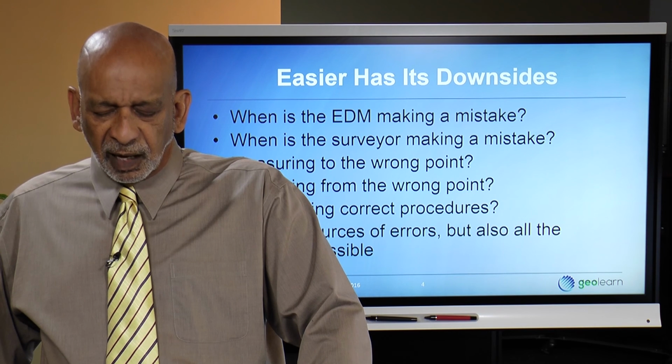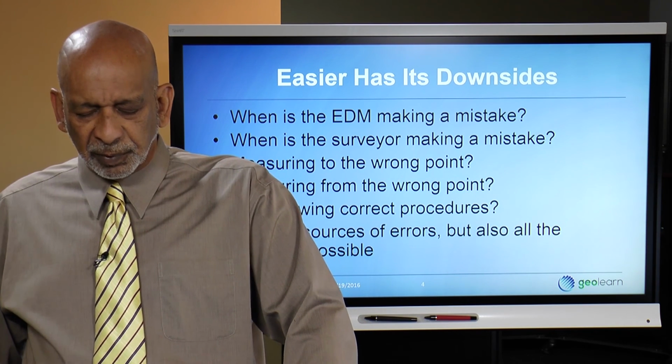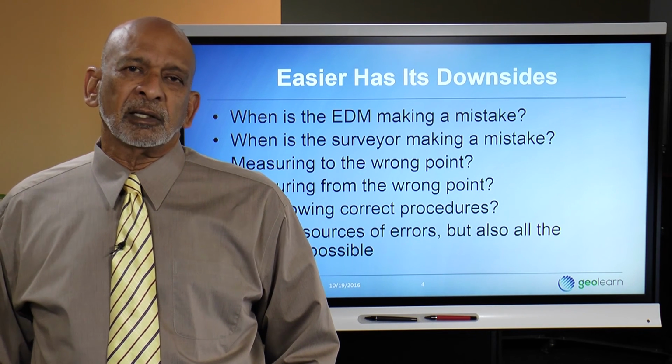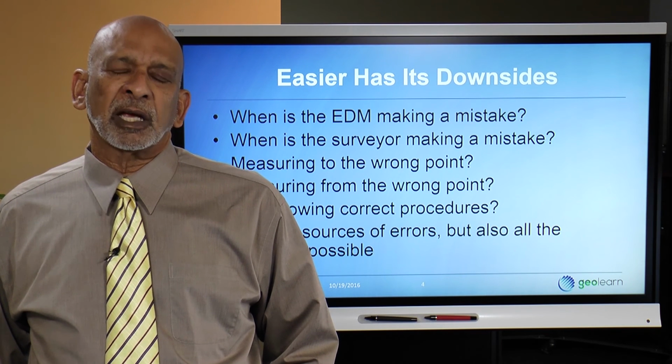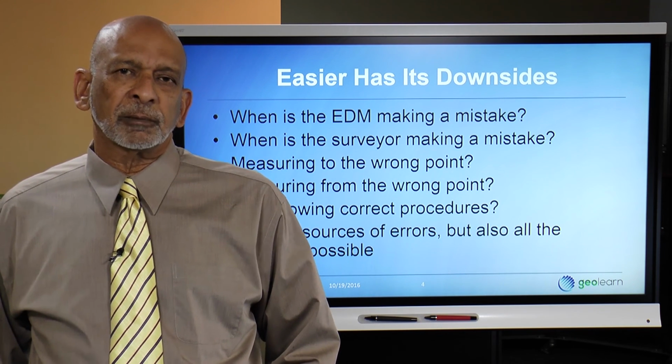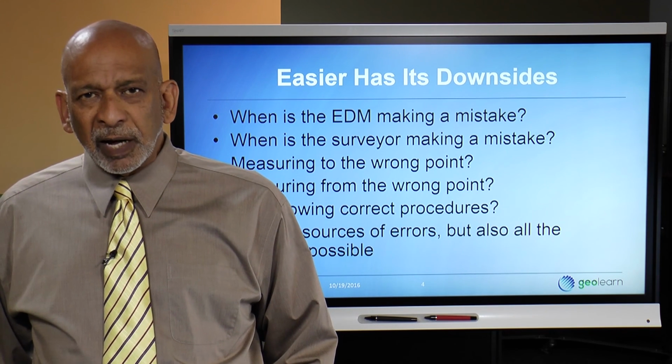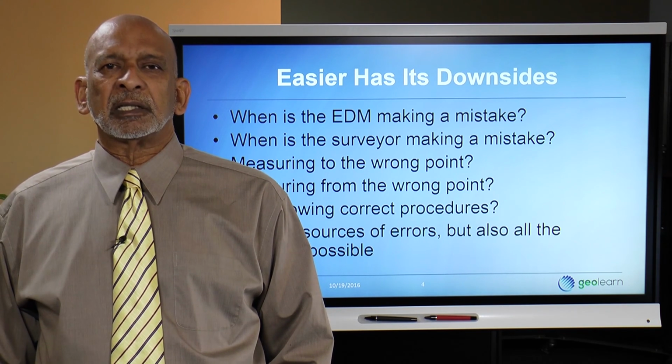And finally, the other downside is simply ignoring all the various sources of errors that we will talk about in this two-lecture series, and some of the mistakes that are possible to make. So there are definite downsides, and it does require more careful, thoughtful consideration. People often say, I would rather measure with an EDM than a steel tape.